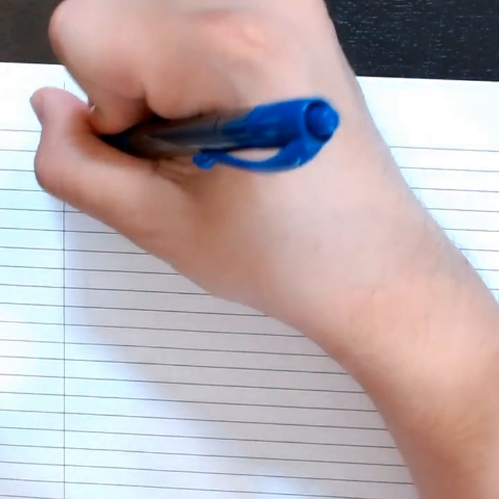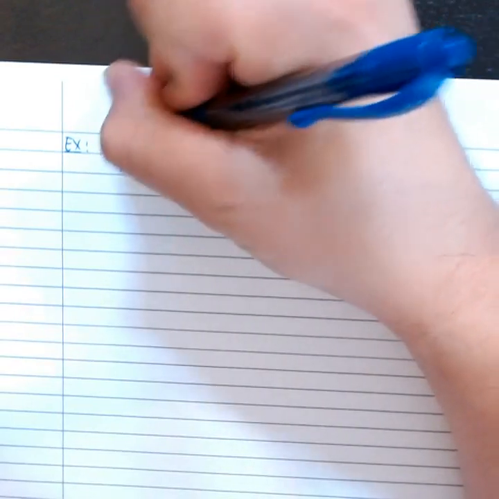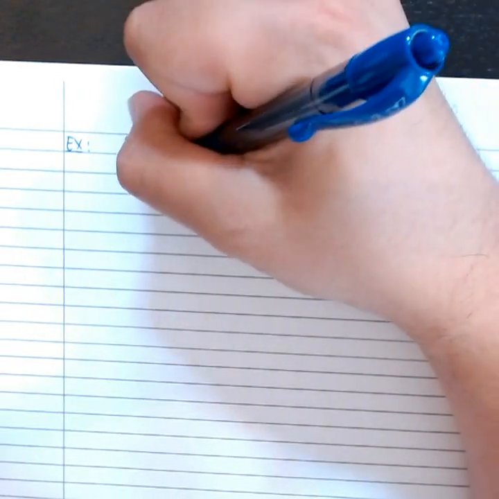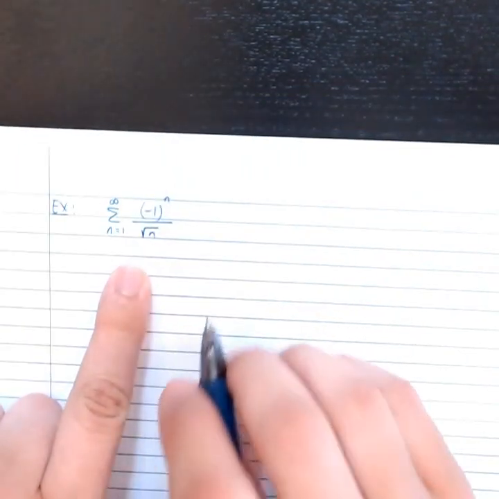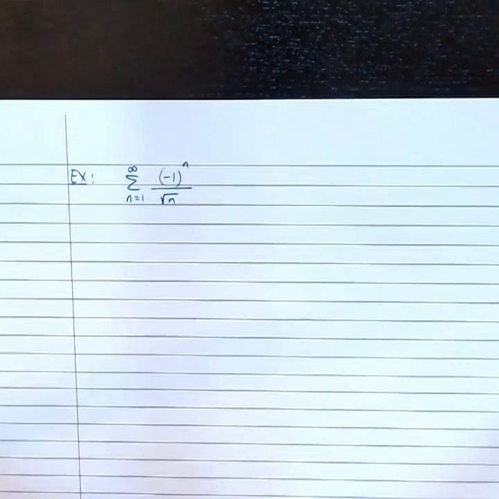So for the next example, go ahead and consider the sum as n goes from 1 to infinity of negative 1 to the power n over the square root of n. Once again, start by testing for absolute convergence. So we're going to take the absolute value of the nth term and then see what happens.